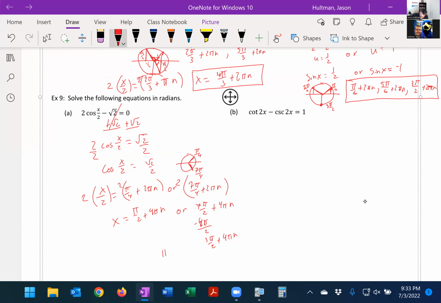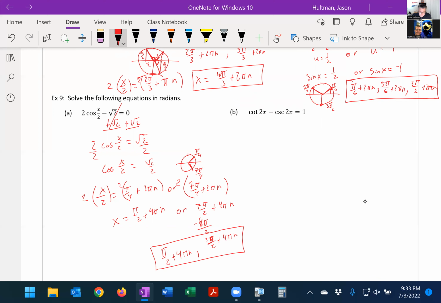This is really going to be pi over 2 plus 4 pi n, or 3 pi over 2 plus 4 pi n. Because 7 pi over 2 is an angle that's one rotation around the circle already. So the coterminal angle for 7 pi over 2 is 3 pi over 2. So we can write it as its angle within one rotation of 2 pi.